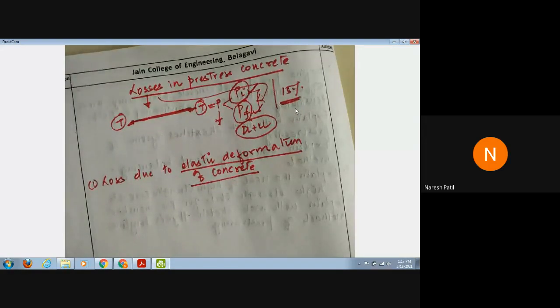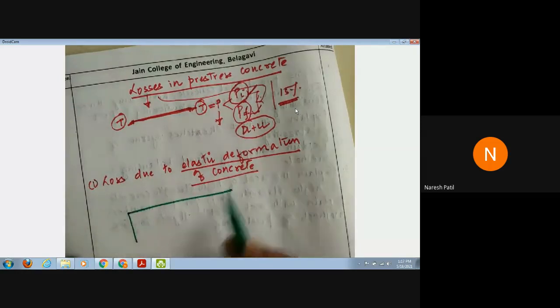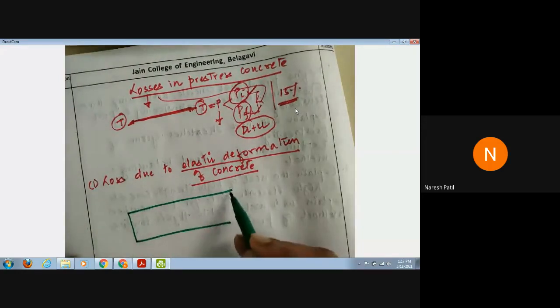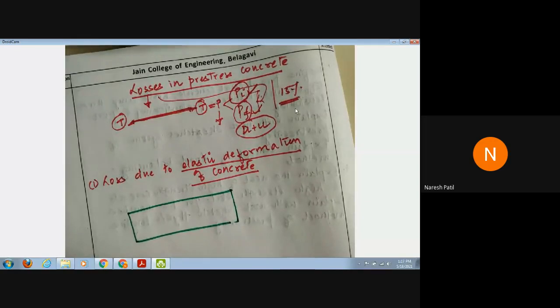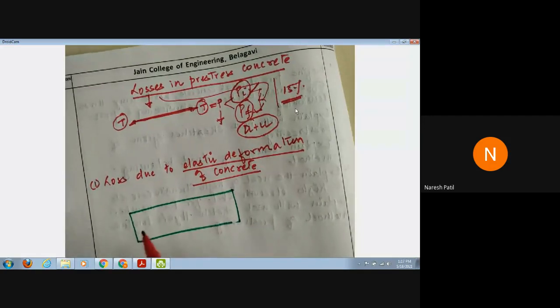So I'll just show you. Okay, suppose we have a pre-stressed concrete beam with a tendon.